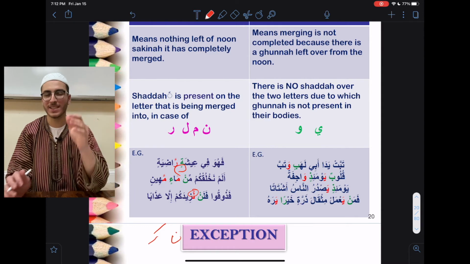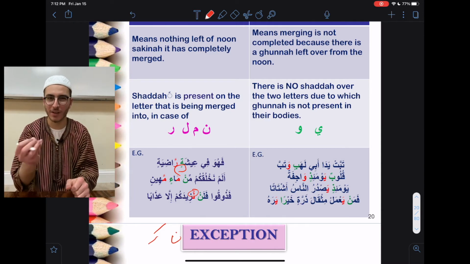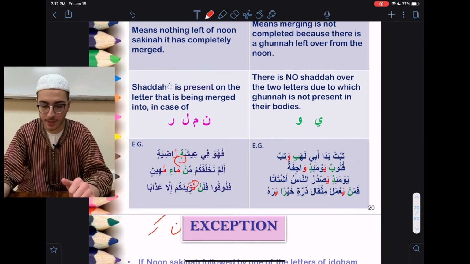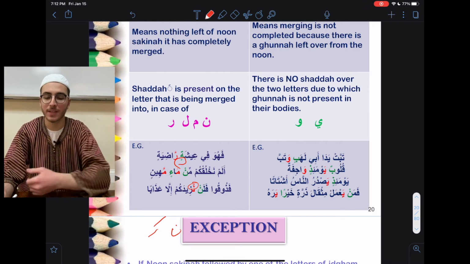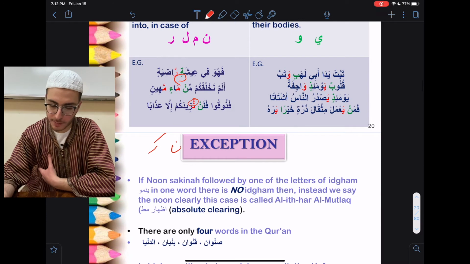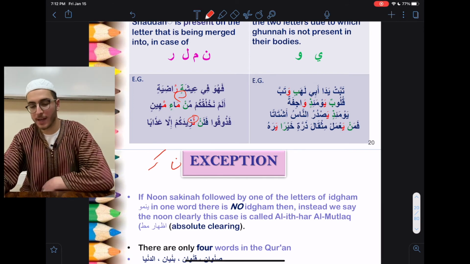It's like kind of half of the noon is still remaining, the ghunnah. Okay? But if you look at the complete idgham, عيشة راضية, there's nothing. You just move on to the next letter. So this shouldn't be too difficult once you get practice and listen enough.